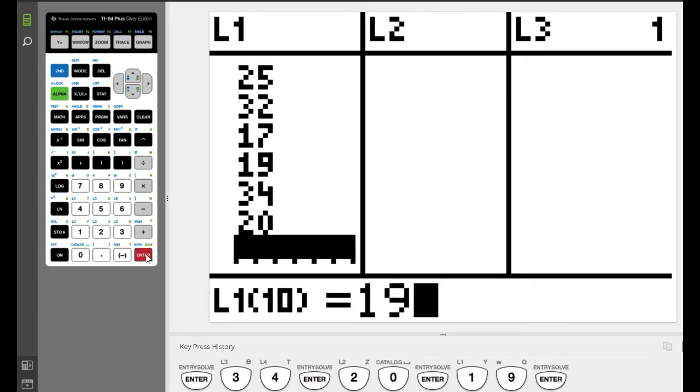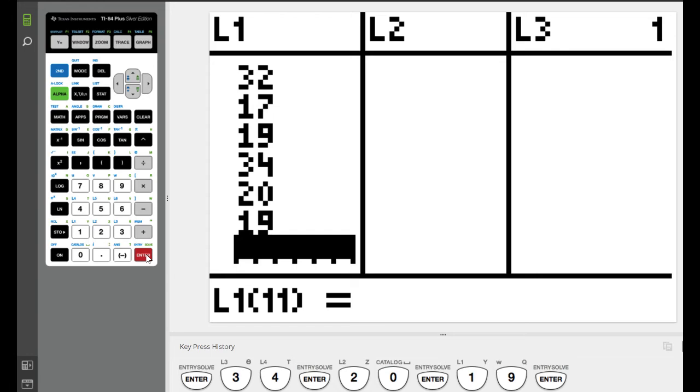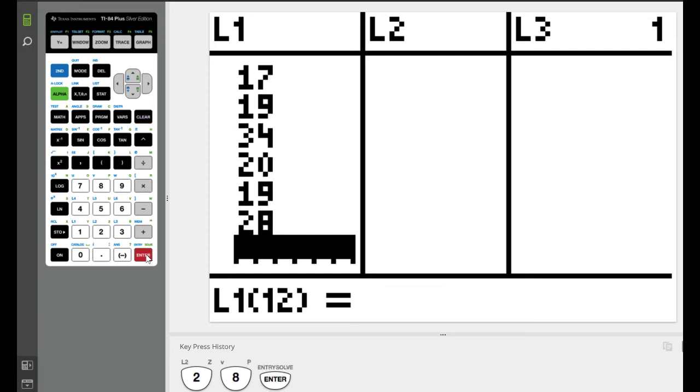I believe we should have 12 values because she did it every month for a year. 28, 28, and 19. Okay, that is our L1.